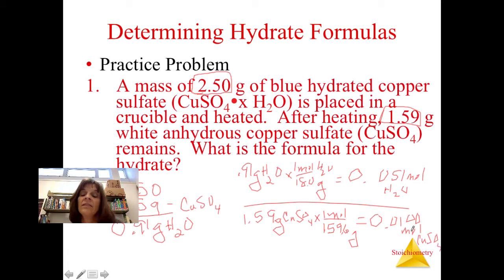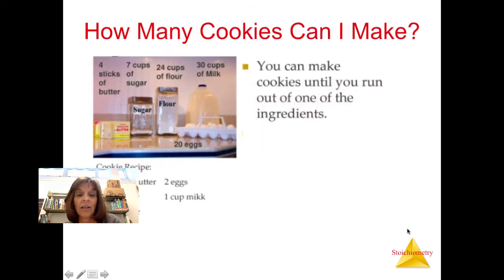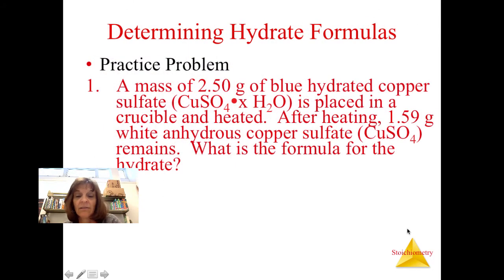Okay, so we want bigger divided by smaller. So we're going to take the water, there should be more water molecules, divide it by the copper sulfate. You could probably do this in your head because it's always going to be a whole number, but you would take 0.051 divided by 0.010, and we should end up with the formula of, oh, it's on your handout actually, isn't it?